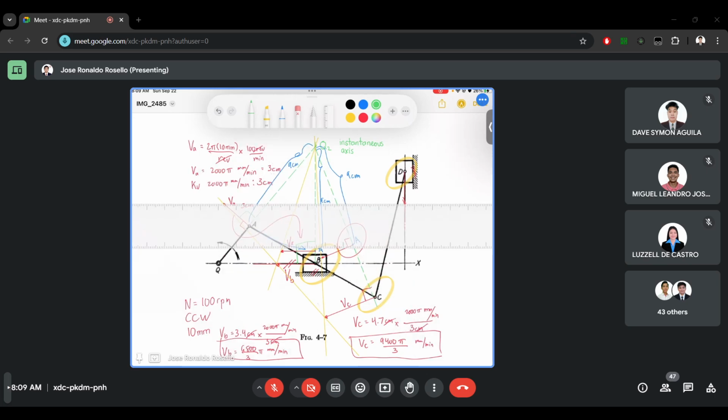Given that the direction of velocity D is vertical, let's make a perpendicular line that will intersect with the perpendicular line of C. Then if we make a perpendicular line from C, it is already written.